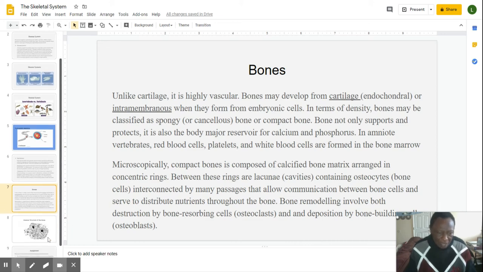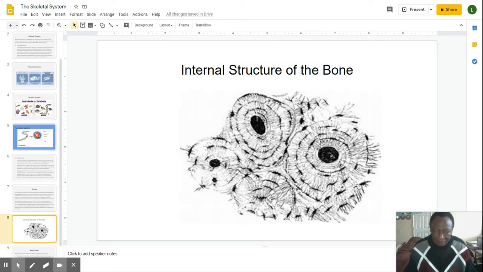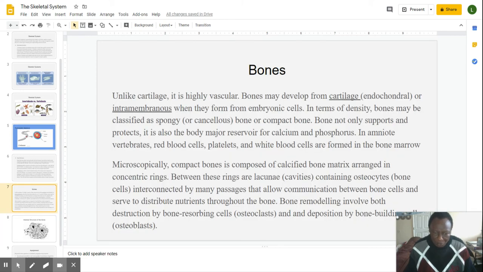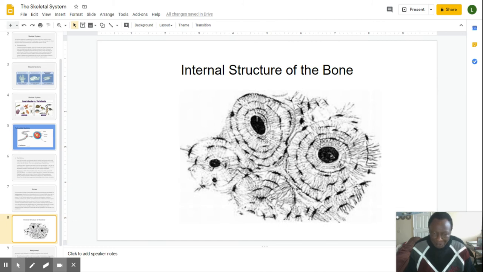Microscopically, this is how the bone looks. You can see it is made up of concentric circles. And within this concentric circle of bone, there are cavities. Here you can see the concentric lamellae of bones, and these cavities are called the lacunae.